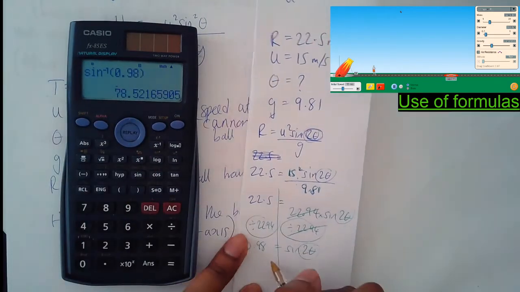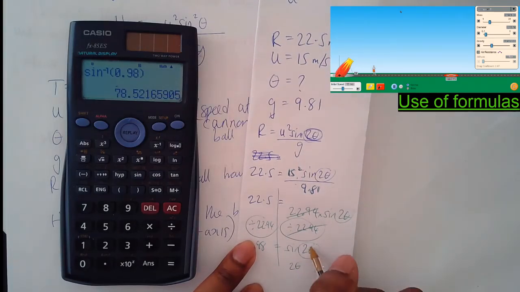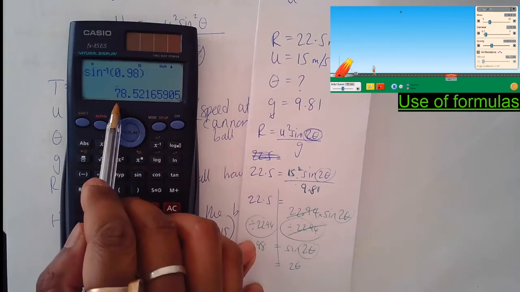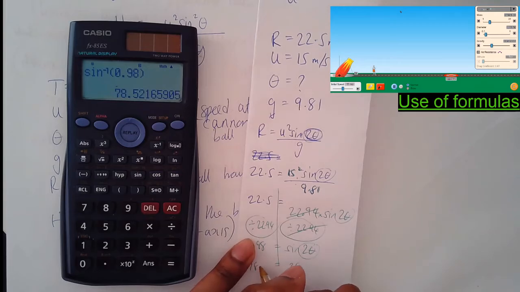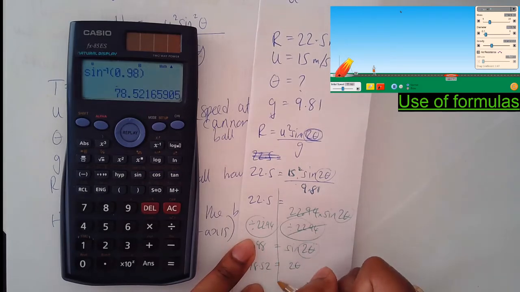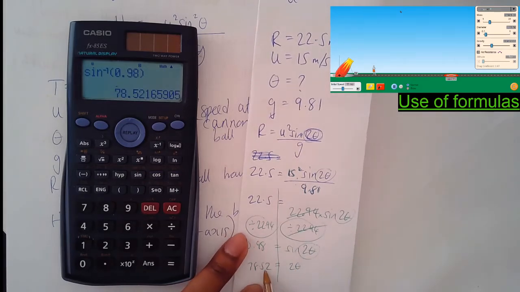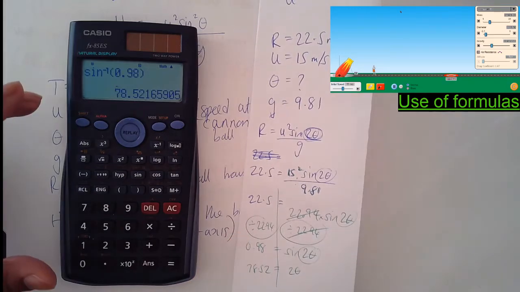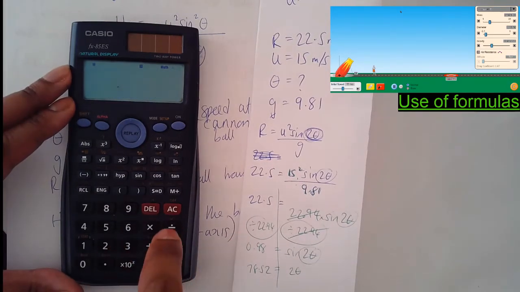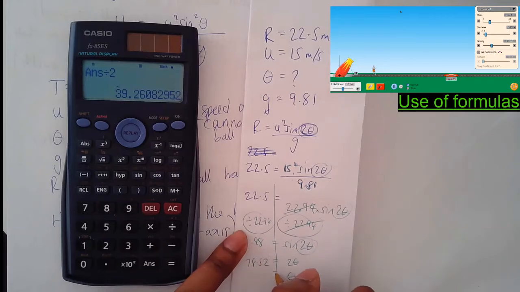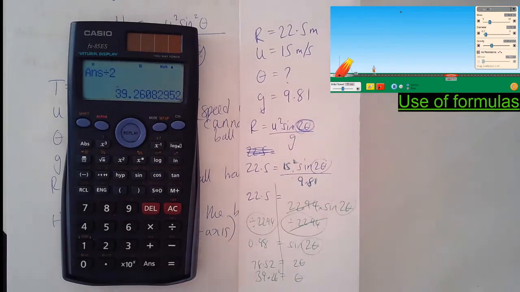So 2 theta is equal to 78.52. So 2 times something to give you 78.52. Just divide by 2 then. Theta is equal to 39.26 degrees. So here we go then.